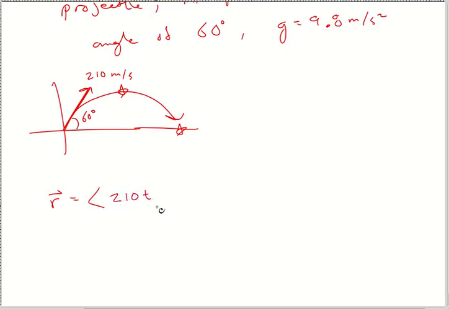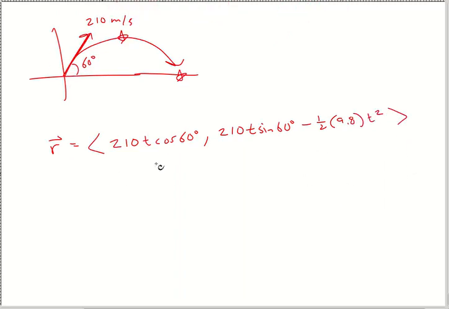So it's 210t cosine of 60, and then 210t sine of 60 minus 1/2 times 9.8 and then t squared. Okay, so what's going on here?